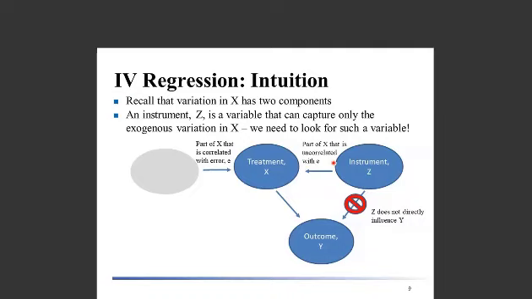Often we have to look for the instrumental variable, and that is usually the hardest part of implementing instrumental variables in research, looking for this Z or instrumental variable. The other thing that we want to note here is that Z should not directly influence Y, or Z should not itself be correlated with the error term.